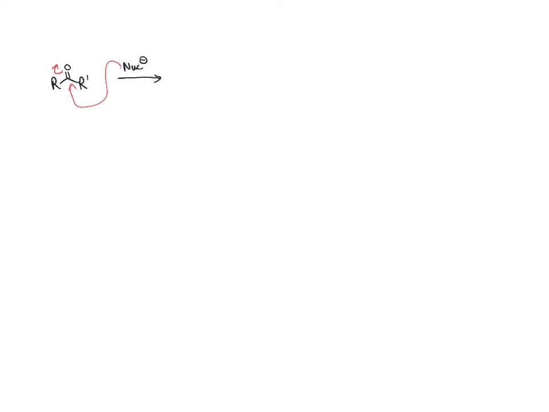The net result is that you now have a new bond from the nucleophile to the carbon atom, and that central carbon atom is going to rehybridize as sp3. We call this the tetrahedral intermediate.